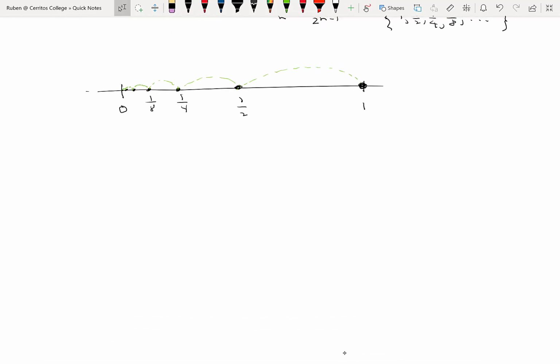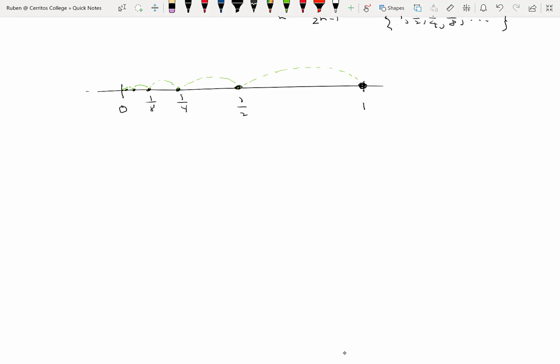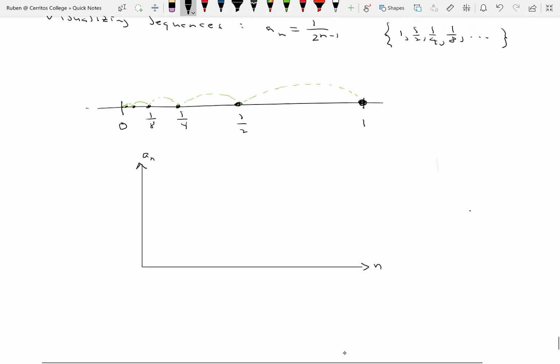Another way to do this is to do this in 2 dimensions, which is more what you're familiar with, because you've done a lot of graphing through calculus. To do this sort of thing in 2D, I mean you can put the terms in the sequence vertically, and the value for n horizontally, and then graph the terms in the sequence as dots, but in two dimensions. So when n equals 0, in fact, I guess we're starting at n equals 1.